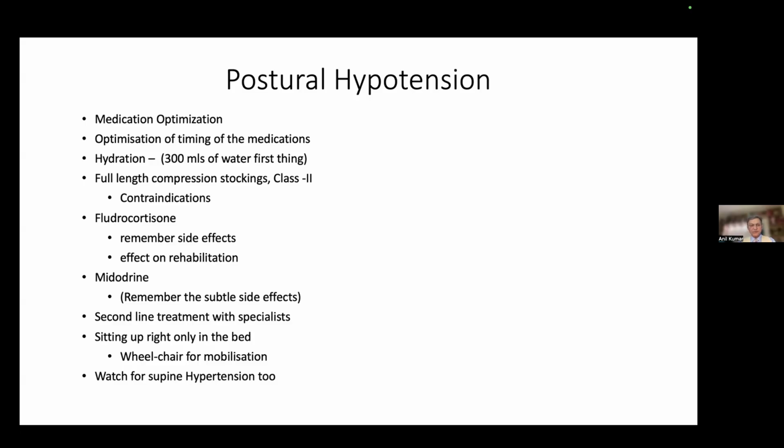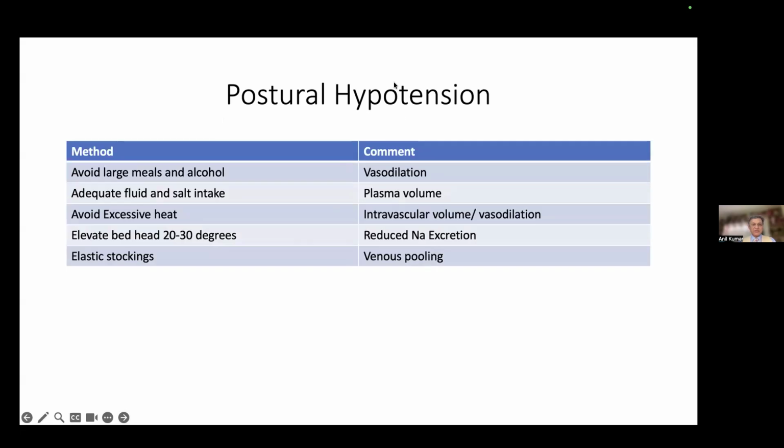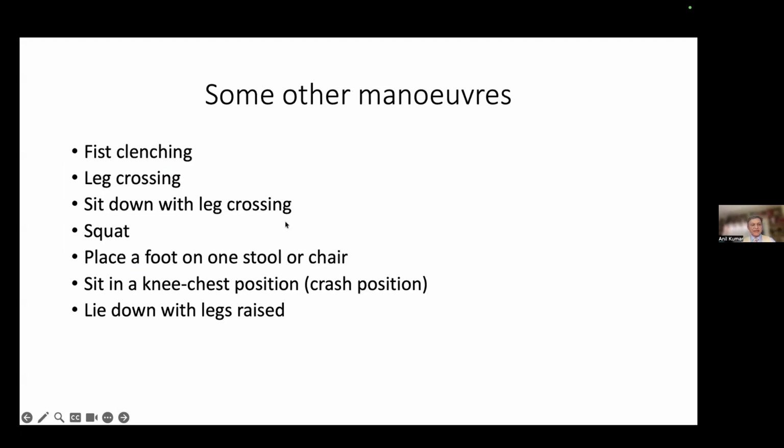You need to be careful with that. Now, I think you all agree that you need to avoid large meals and excess alcohol, excess heat. This is self-explanatory. And there are some maneuvers that you can do, like fist clenching.